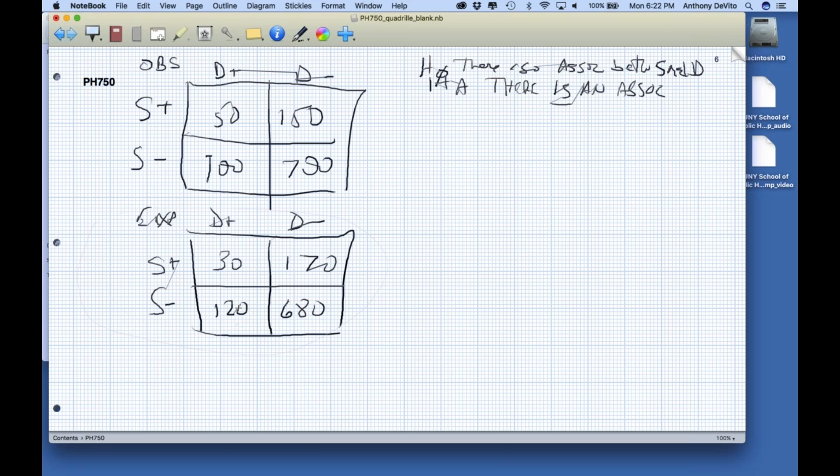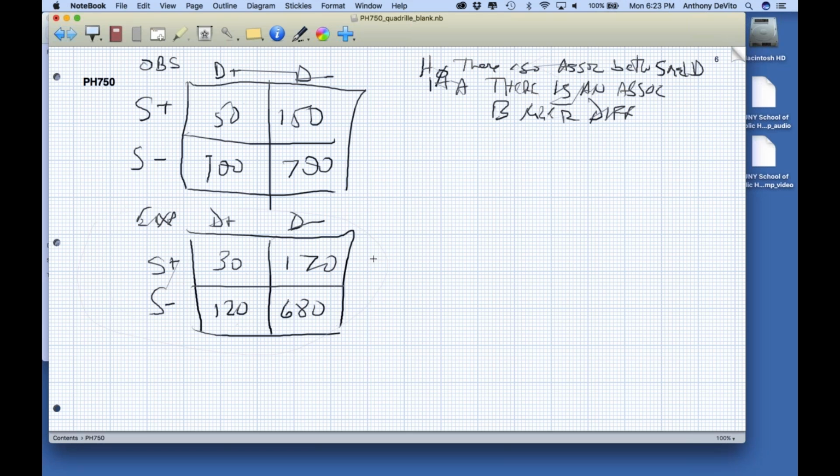I might get 31, 129, because just by sampling, there's a certain amount of variability that we expect. So just because there's a difference here doesn't mean that there's an association. However, the bigger the difference is, the more likely I can reject my null hypothesis and accept my alternative hypothesis.